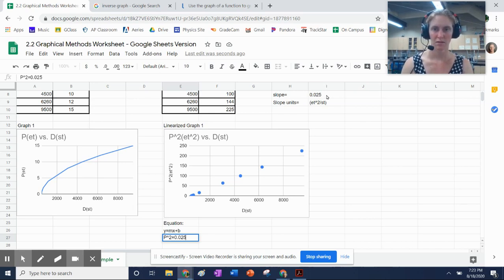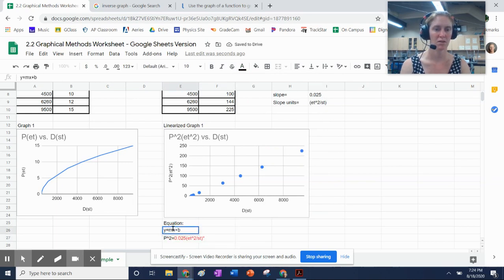And I had units. These were my units that I found for that. Every time you have a number, you have to have units. And then don't forget your x. So this whole bit right here, this is your m. That's your slope.